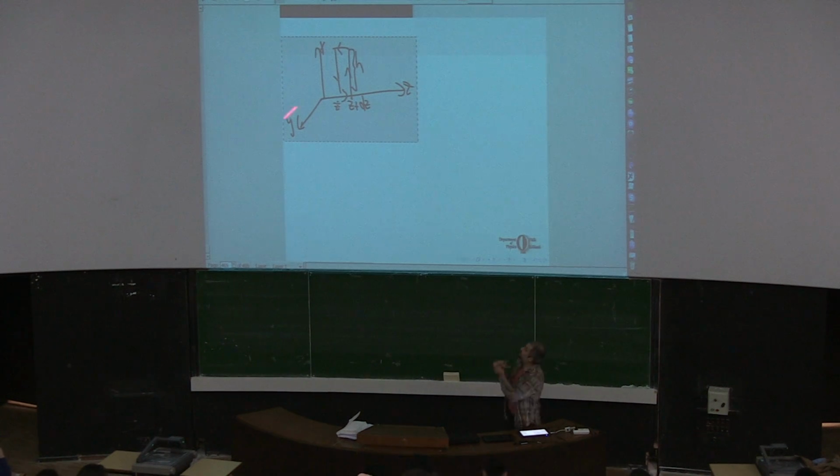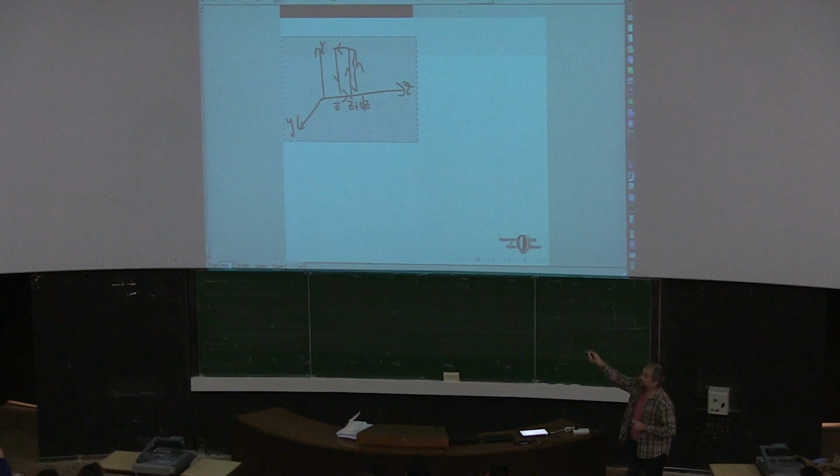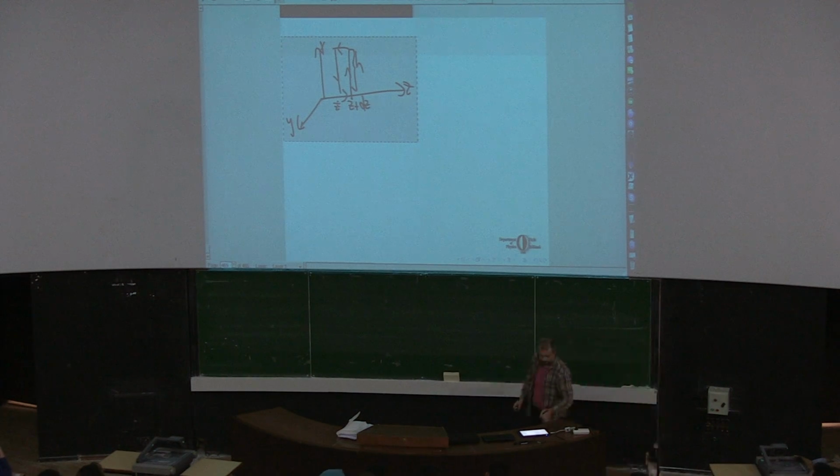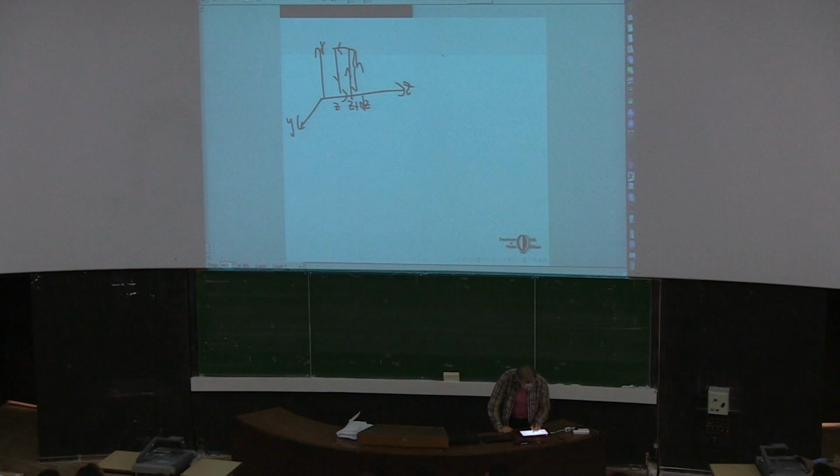Just curl your fingers in the direction of your loop. So this is the positive direction of the flux. And since we already assume that we are at such a Z that the electric field is in the plus x direction, the magnetic field will be in the plus y direction. So the flux is positive. Phi B will be nothing but B at Z times dz times h.